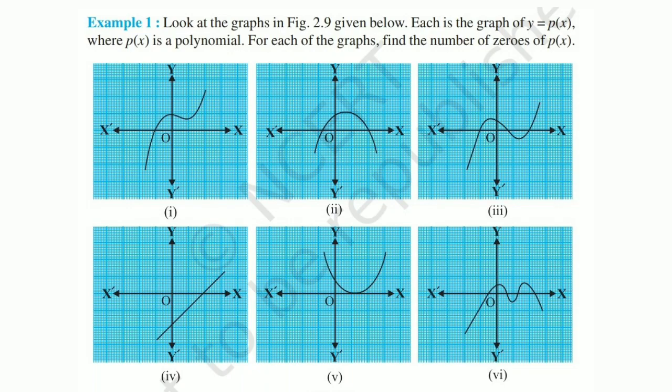In the third picture, it touches the x-axis in 3 places, so the number of zeros is 3. In the fourth picture, it touches the x-axis in 1 point, so the number of zeros is 1. In the fifth picture, it touches the x-axis in 1 point, so the number of zeros is 1. In the sixth picture, it touches the x-axis in 4 points, so the number of zeros is 4. In this way we can understand the number of zeros.